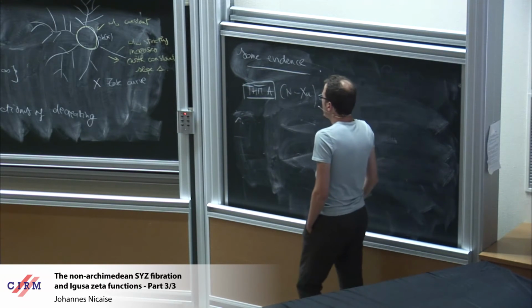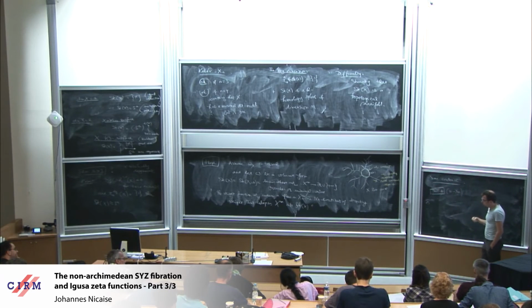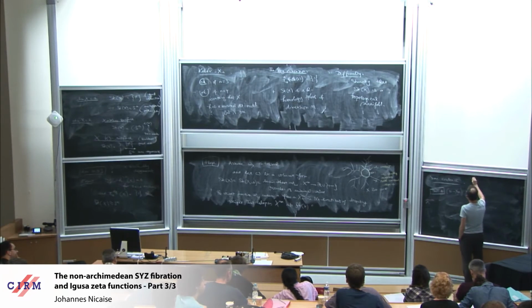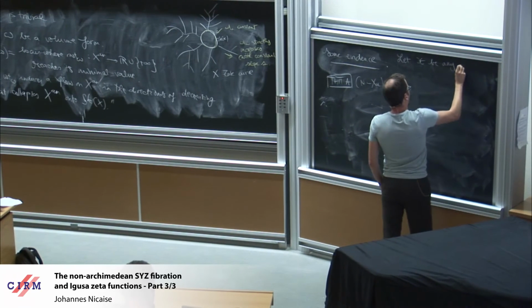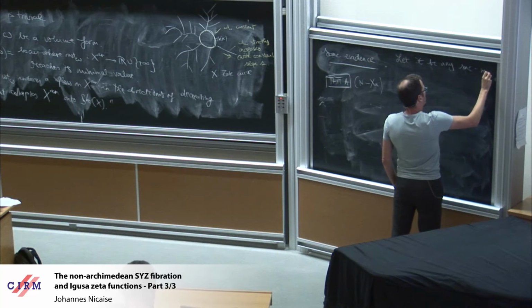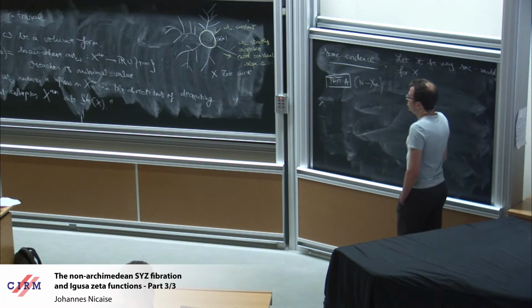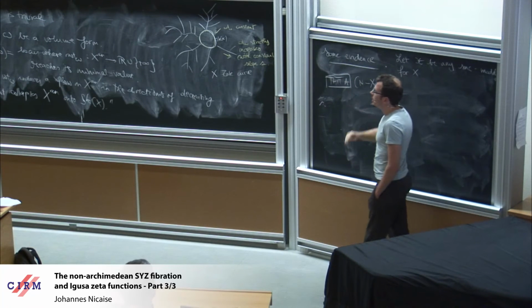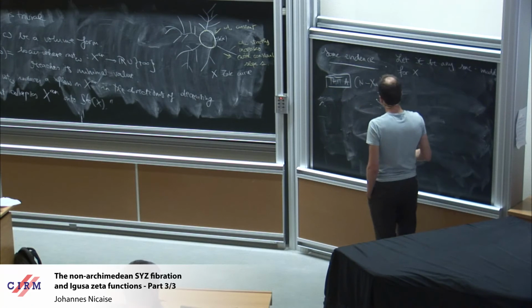So the idea is to work maybe not on the whole Berkovich space, but to start from any choice of SNC model and to look at the properties of the weight function on its skeleton. So let curly X be any SNC model for X. And I'm still assuming that omega X is trivial and that omega is a particular choice of volume form.